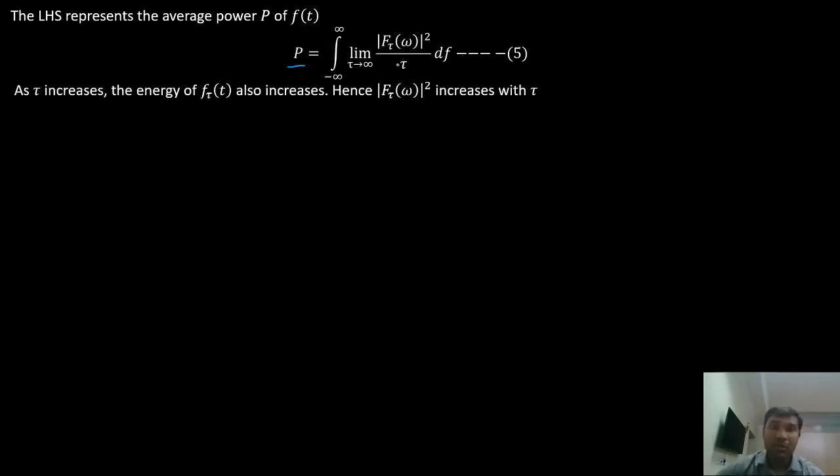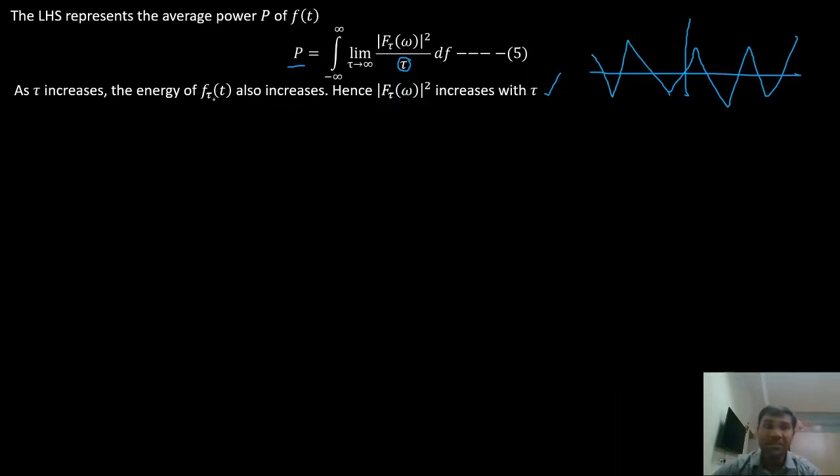Now, as tau increases, what happens? The energy of f tau of t also increases. Hence, mod f tau of omega whole square increases with tau, right? If the duration of the signal increases, the energy increases.